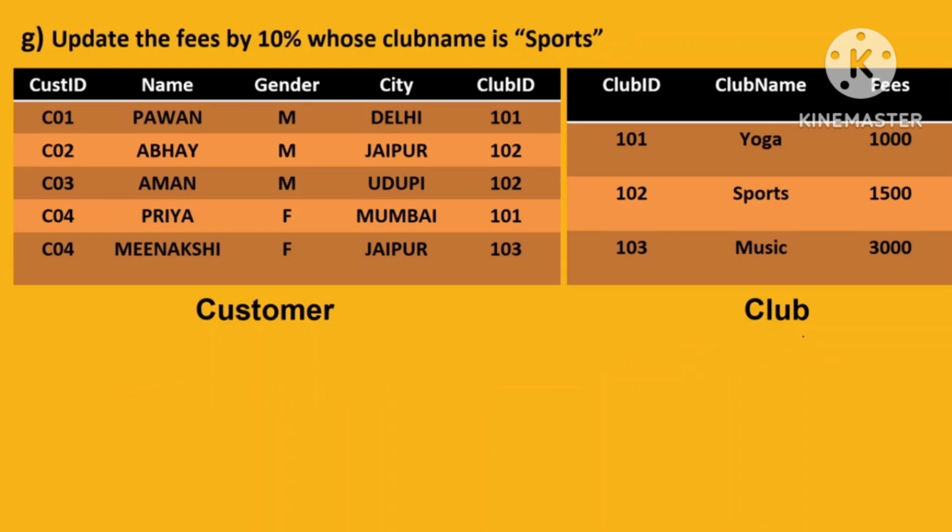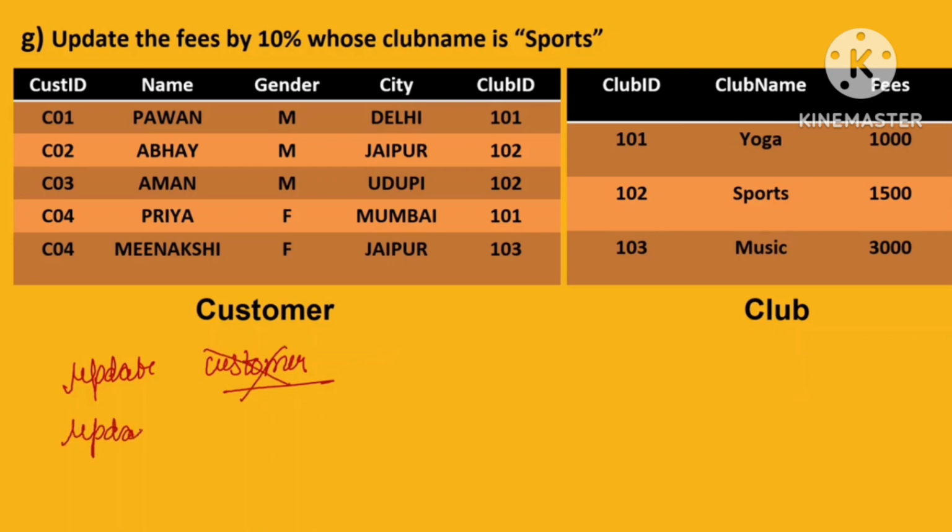Now the last question: update the fees by 10% whose club name is sports. So the fees column is in the second table. We have to update the value of the fees. Update second table, that is customer is wrong.